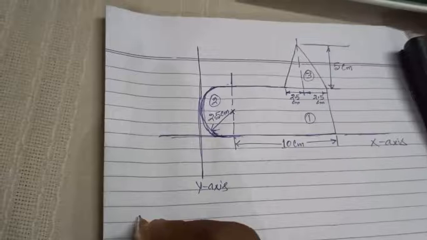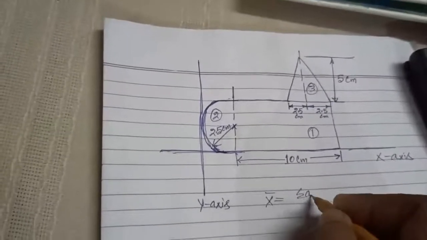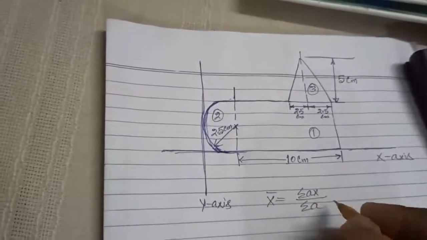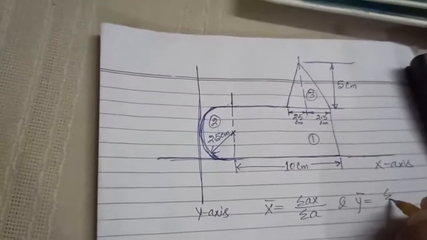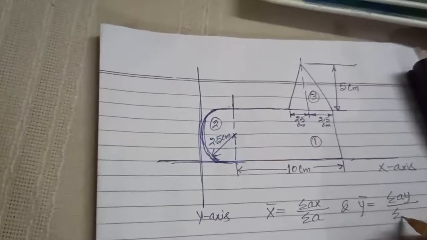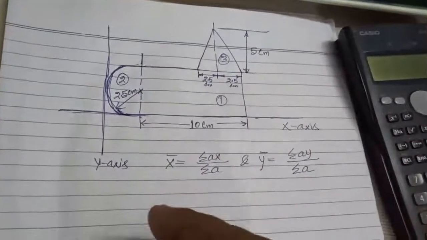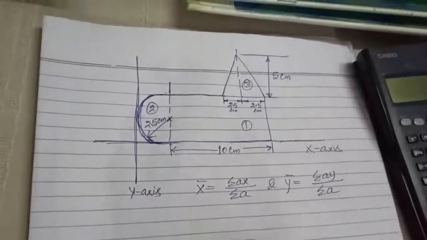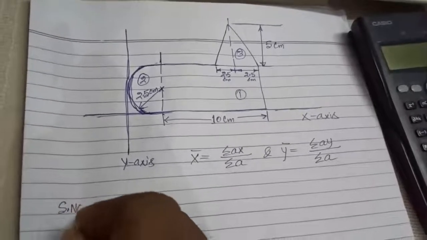So now for x bar, summation ax upon summation a, and y bar is equal to summation ay upon summation a, as told in earlier videos. So now we have to make a table.